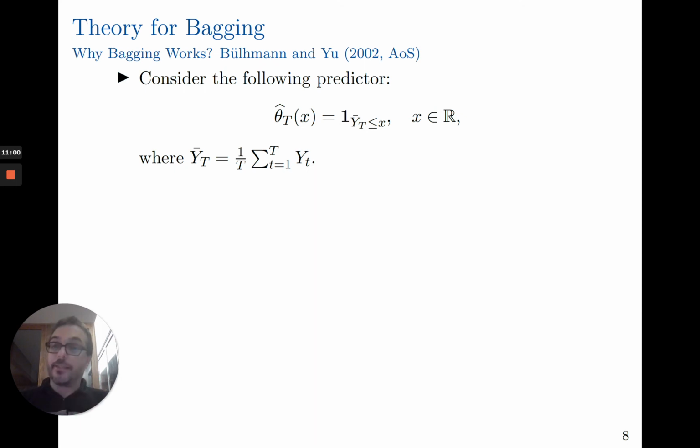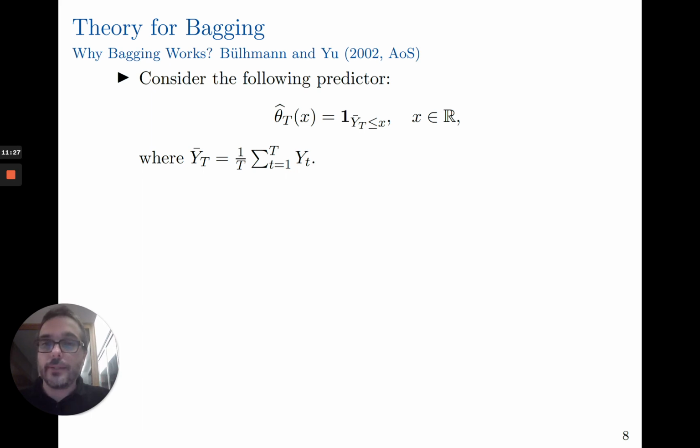And our statistic, theta hat, evaluated at the point x, is an indicator function, equal to 1 if the sample average is less than or equal to x, and 0 otherwise. So it's a kind of threshold. It's a step function.